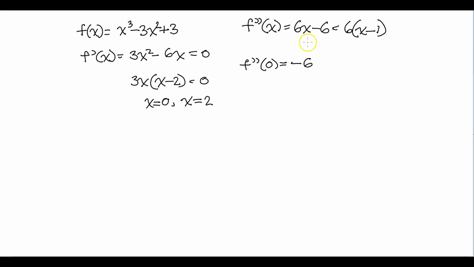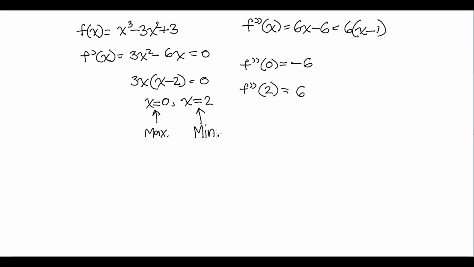So it's concave downward, so x equals 0 is a maximum. What about x equals 2? F prime prime of 2 is 6 times 2 minus 1, which is 6. So we have concave upward, which means this is a relative minimum. This is way cleaner than the number line in the first derivative test, because you just have to plug two values into a linear function.